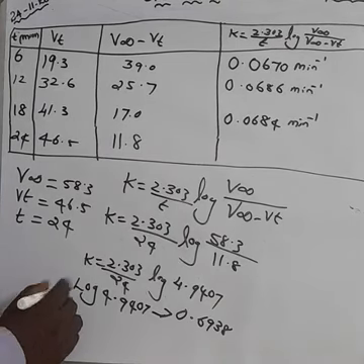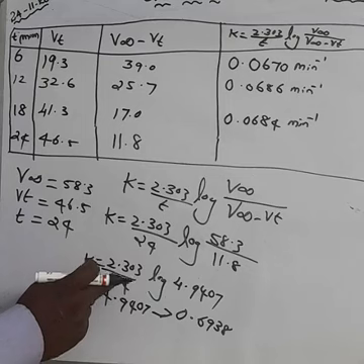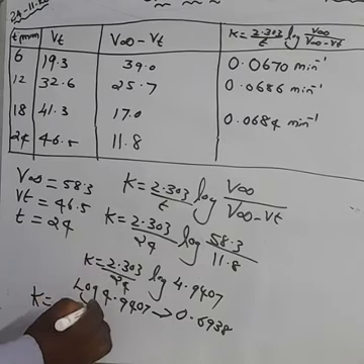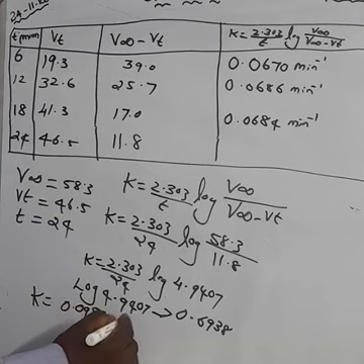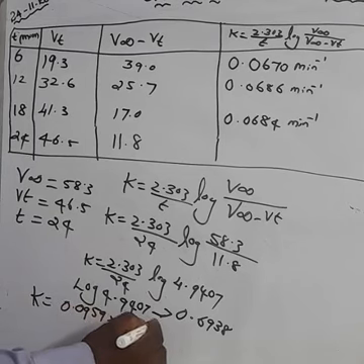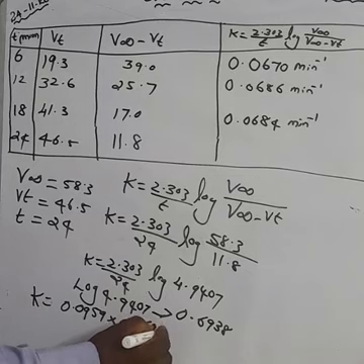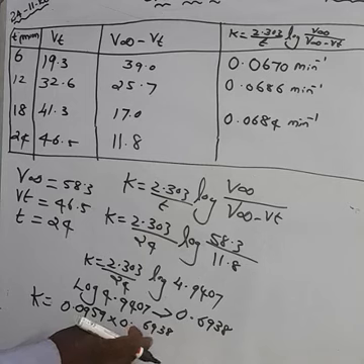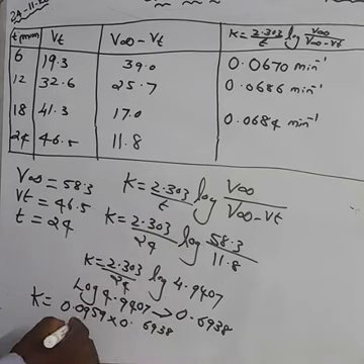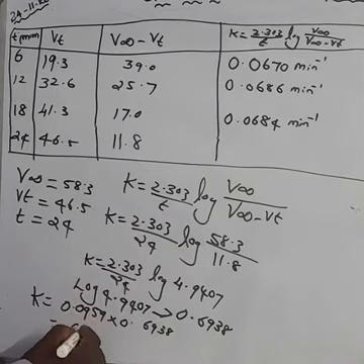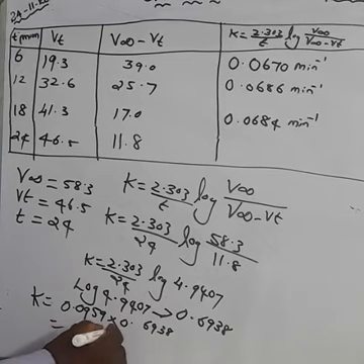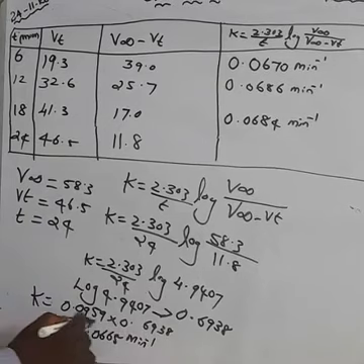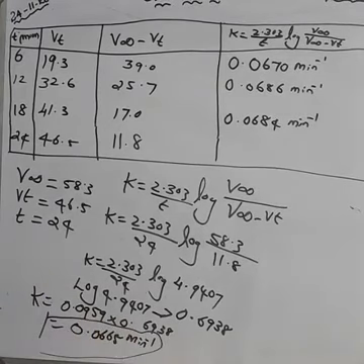K is equal to 2.303 divided by 24, the value is 0.0959, into 0.6938. So we get the approximate value of about 0.0665 minutes inverse. This is the k value.